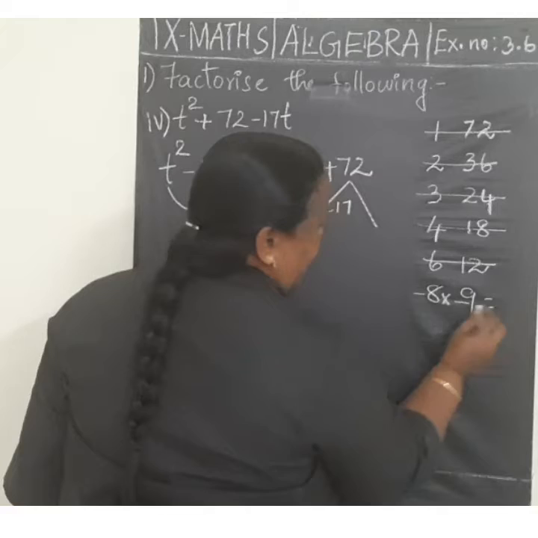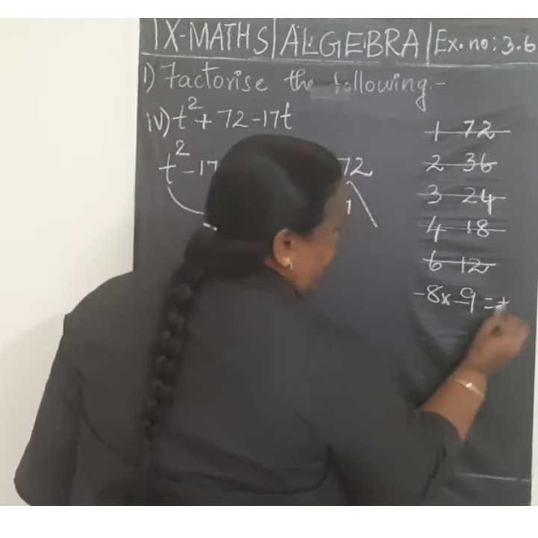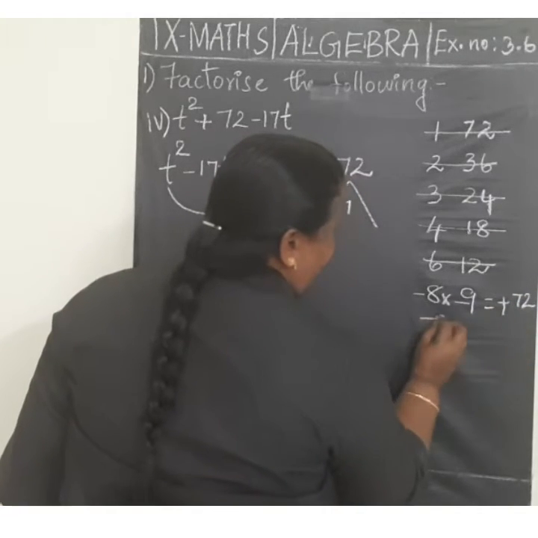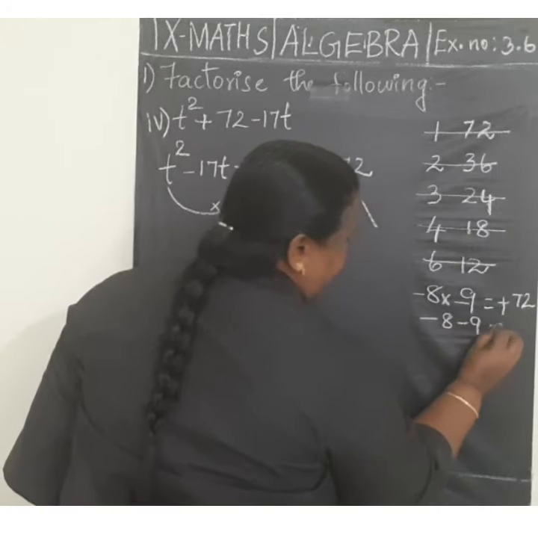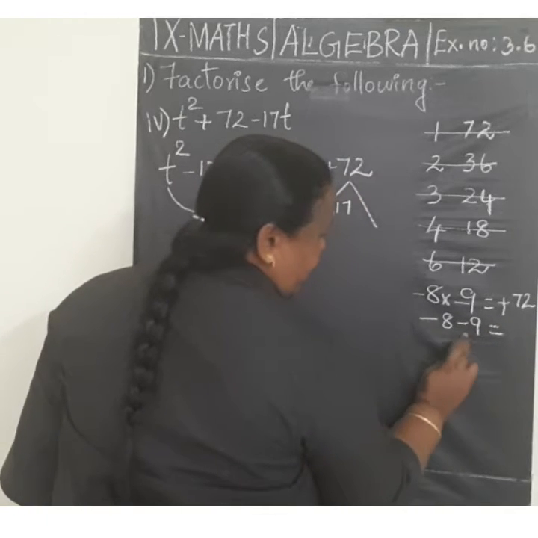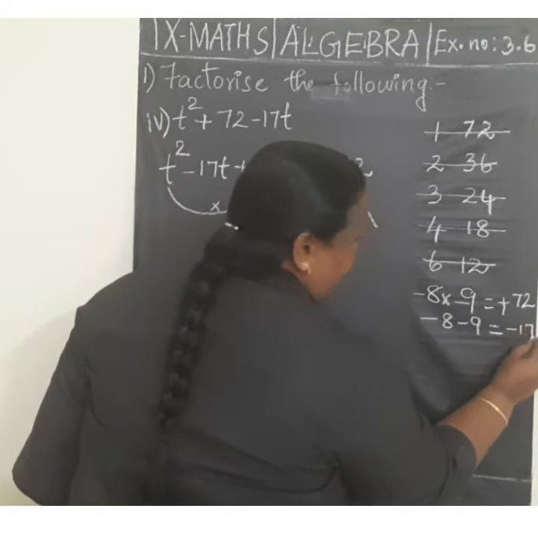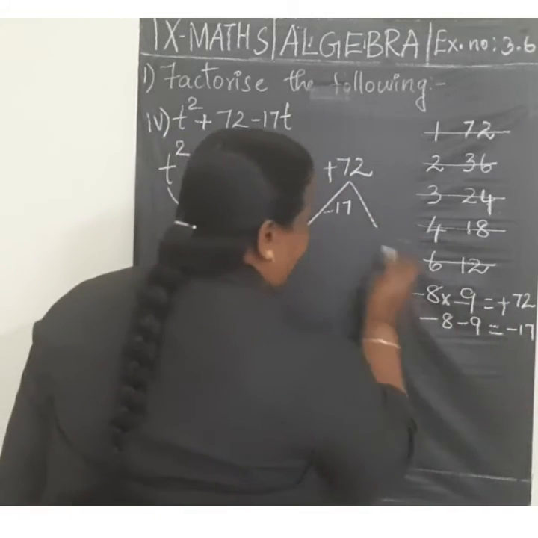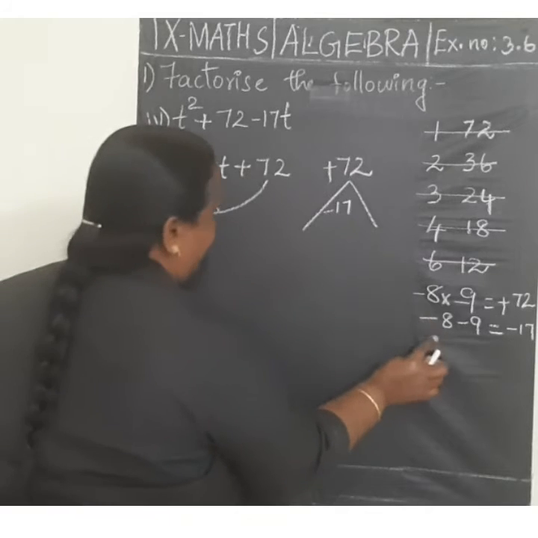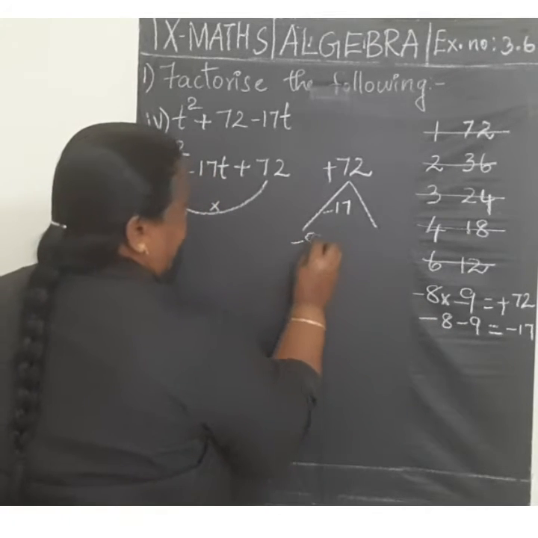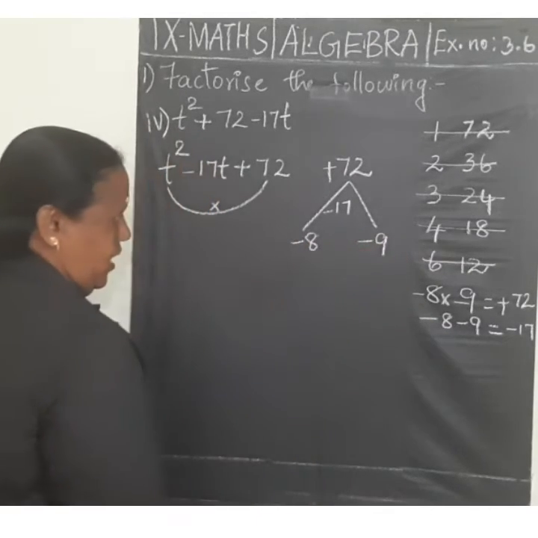When we multiply minus into minus, it is plus, so 8 9s are plus 72. Minus 8 minus 9: here both are minus signs, so we add them and put the minus sign, minus 17. Now we are getting plus 72 and minus 17. So we can take the factors as minus 8 and minus 9.